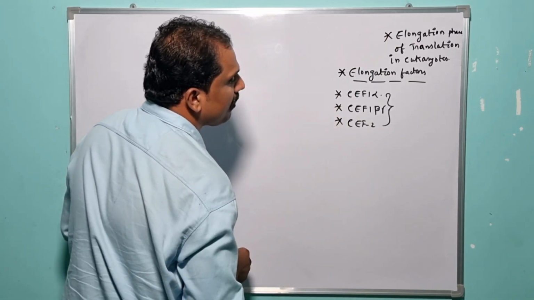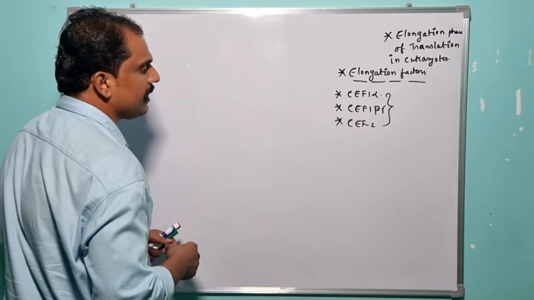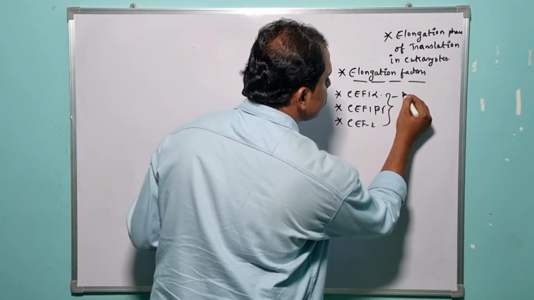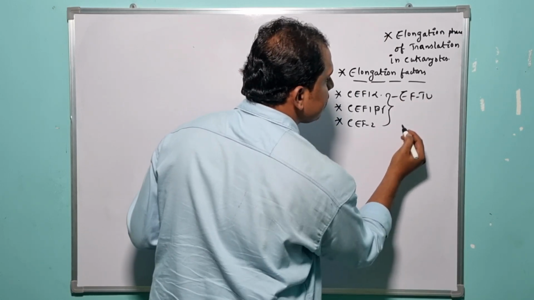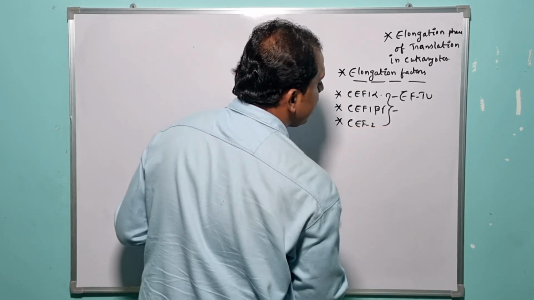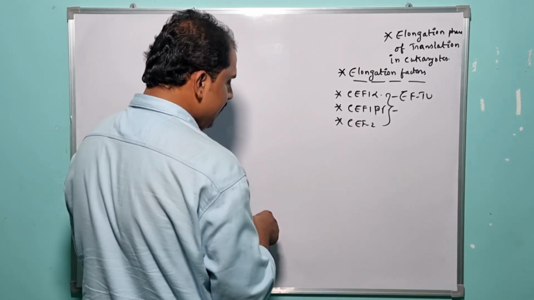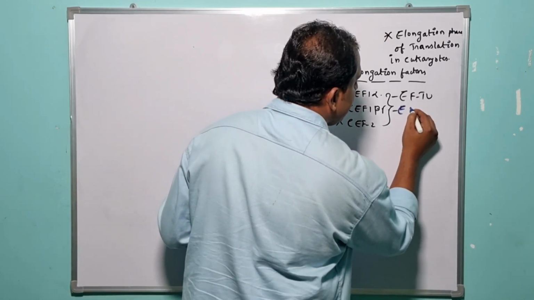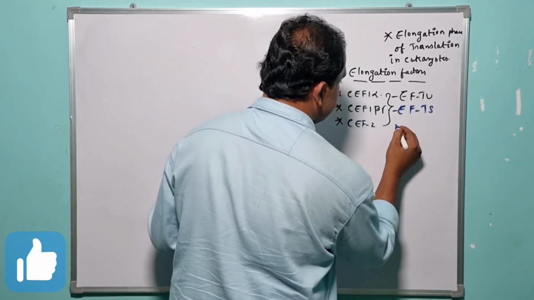And these specific elongation factors are quite homologous to the elongation factors in the prokaryotic translation mechanism. That means eukaryotic elongation factor 1 alpha is quite homologous to the EF-Tu elongation factor of prokaryotic translation. Eukaryotic elongation factor 1 beta gamma is quite homologous to EF-Ts of the prokaryotic elongation phase.